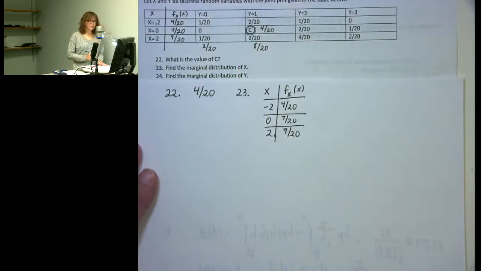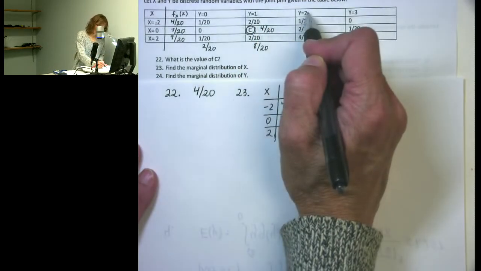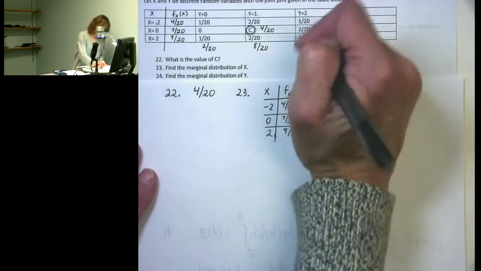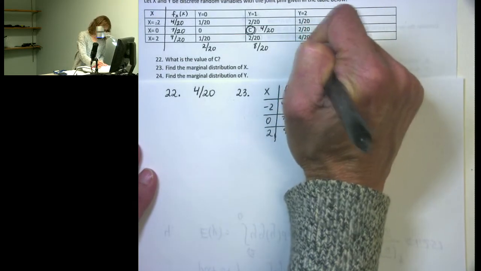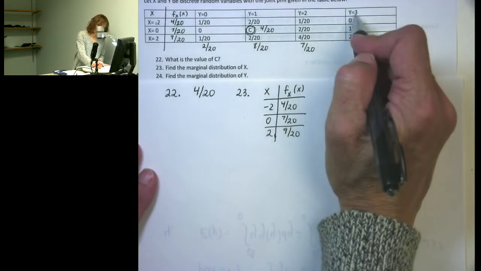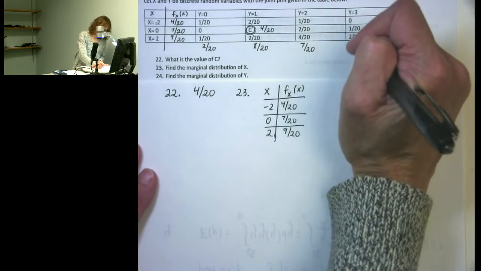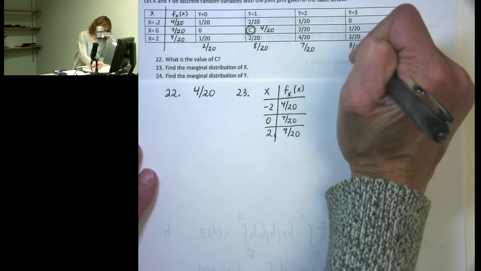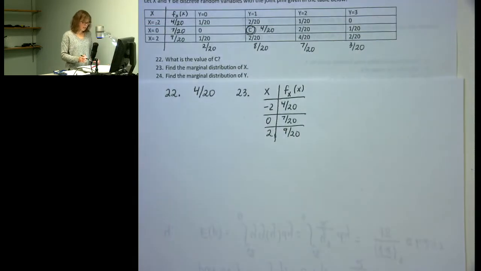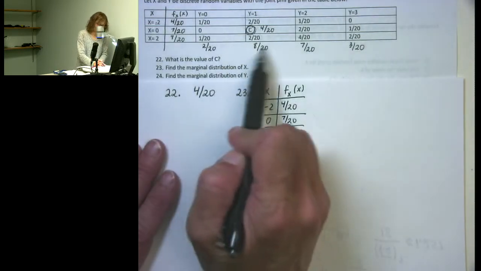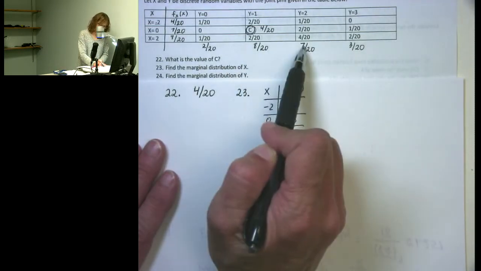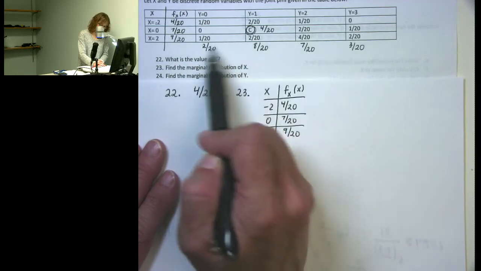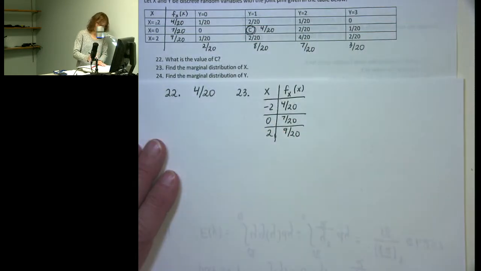That's the probability that y equals 1. The probability that y equals 2, I've got 4, 6, 7/20. And the probability that y equals 3, I have 1 plus 2 is 3/20. Again, I always check to make sure that my probabilities sum to 1. 8 and 7 is 15, and 3 is 18, and 2 is 20. Yep, that sums to 1.